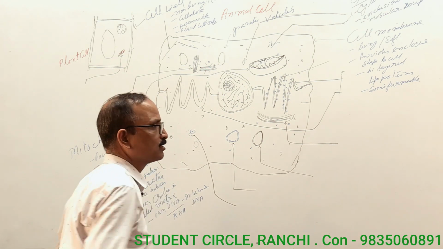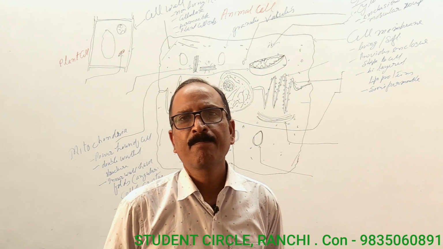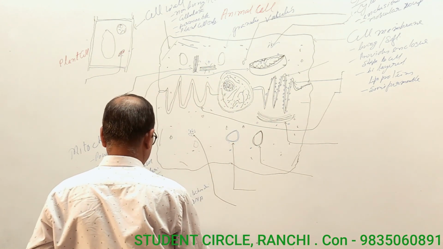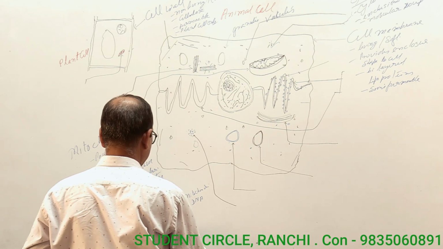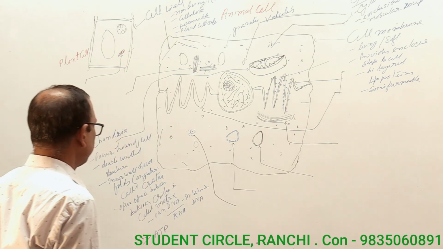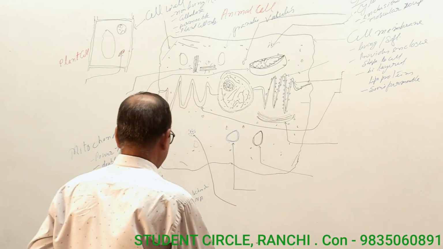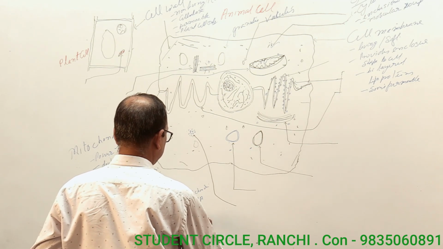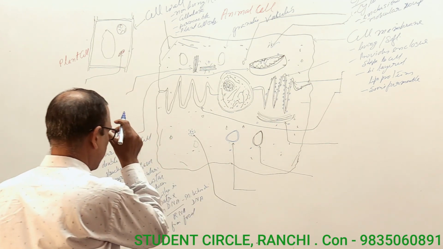It generates energy in the form of ATP, adenosine triphosphate. This is the universal form of energy for cellular use. ATP from food or nutrients. So it is called the powerhouse of the cell.